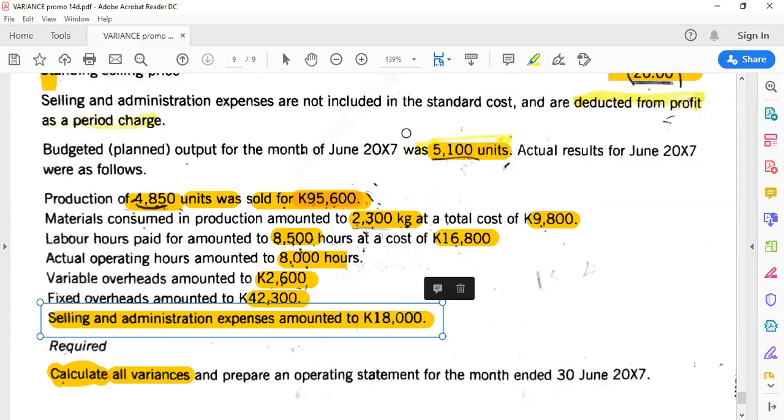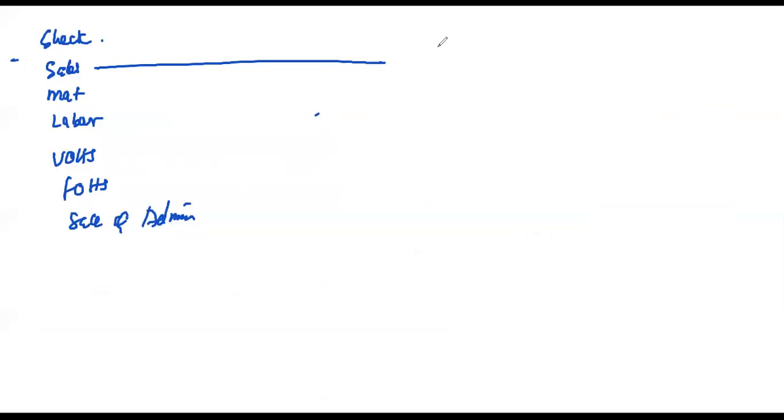Here you're moving like an ambulance. So what were the sales? We get our sales figure, 95,600. And then what were the costs for material? 9,800.